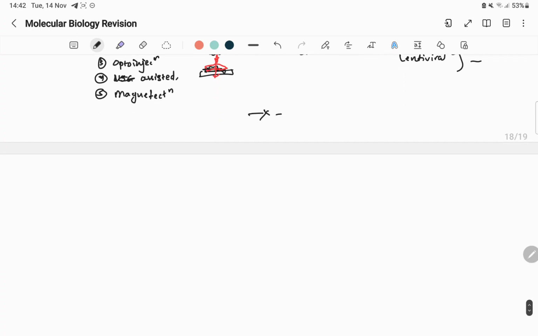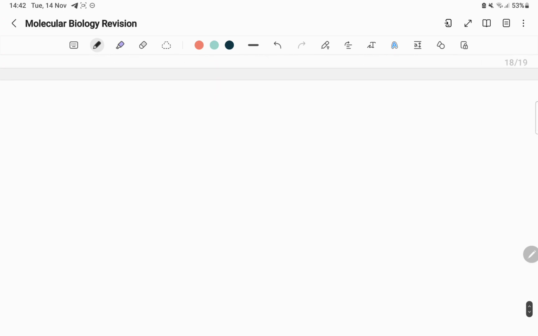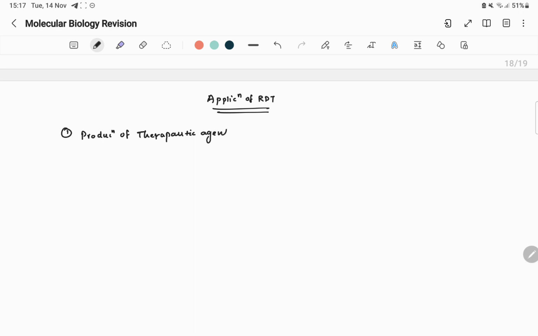So let's talk about the applications of molecular biology or genetic engineering, the applications of recombinant DNA technology. The first application is the production of drugs, the production of therapeutic agents or drugs.